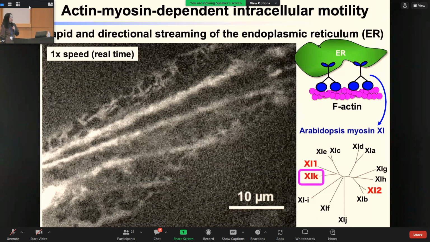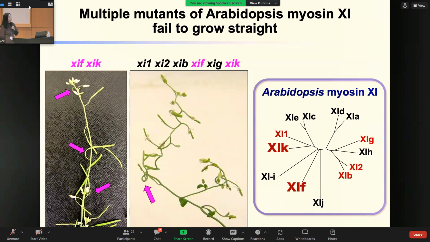In the process of generating higher order myosin mutants, we found that plants defective in multiple myosin homologs showed aberrant bending in various organs. This phenotype is caused by a simultaneous knockout of myosins 11F and 11K. A sextuple mutant of myosins 11-1, 11-2, 11B, 11F, 11G, and 11K is the most severe mutant we have obtained.